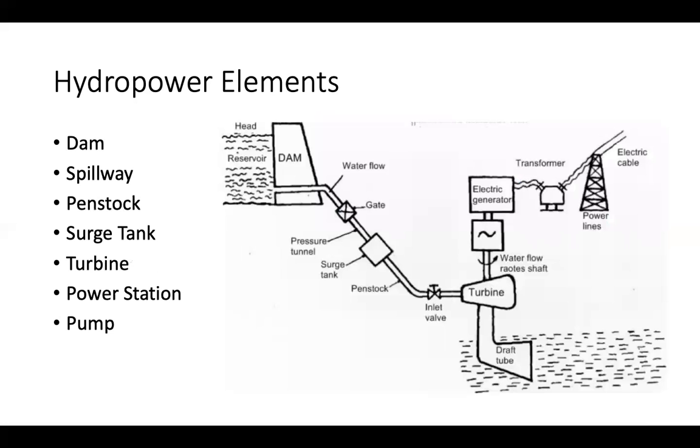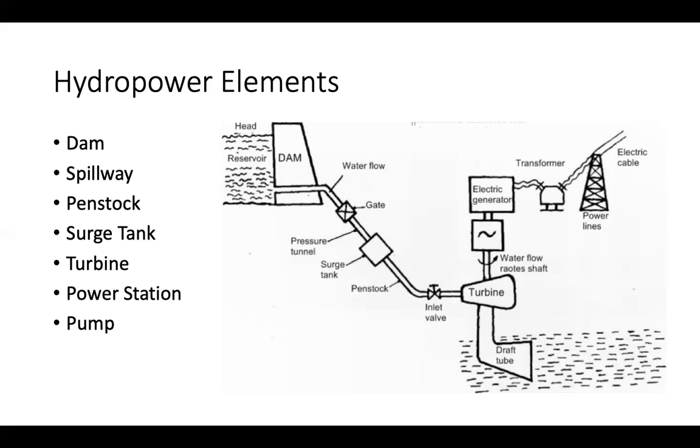There are some elements in hydropower plants. The first one is the dam. It is included in most hydropower plants, but not in the diversion type. The spillway is a pipe that lets water leave the high reservoir to prevent overflow of the high reservoir, and also dam failure.